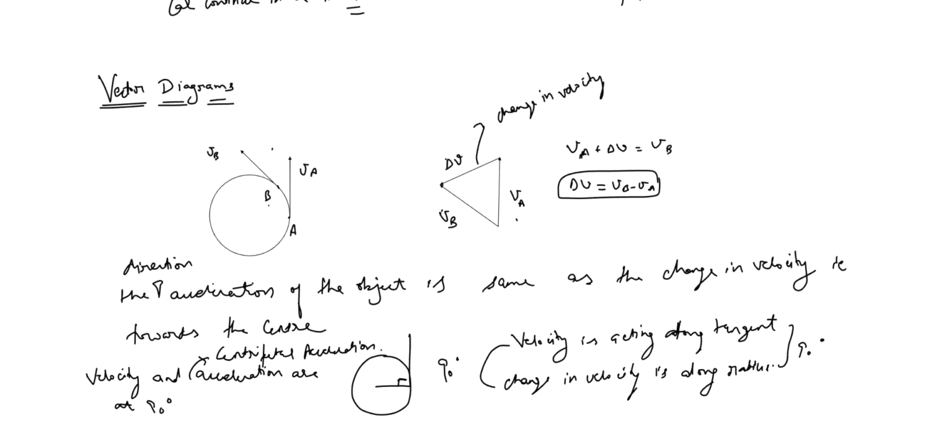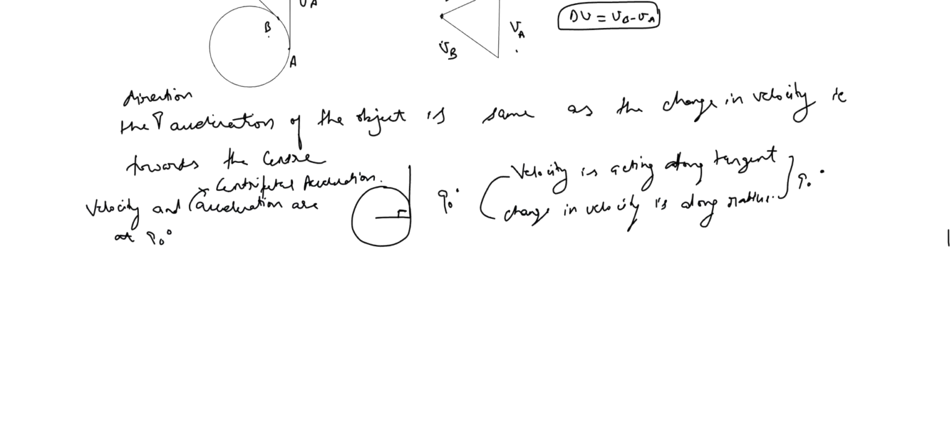And as per Newton's second law of motion, F is equal to ma, right? If F is equal to ma, what does that mean? This means the direction of force and acceleration is also the same.